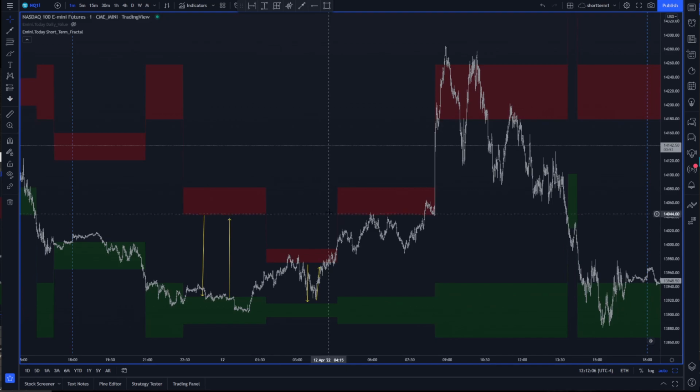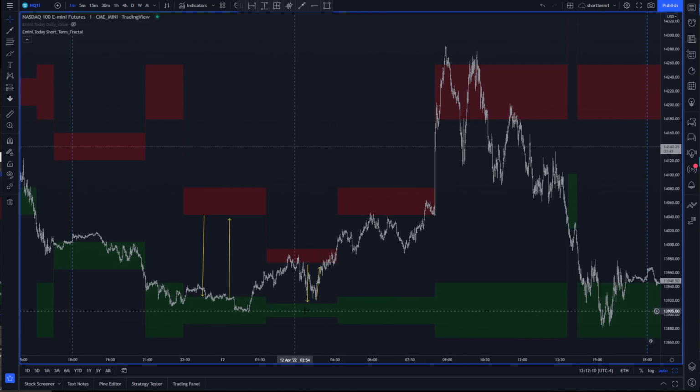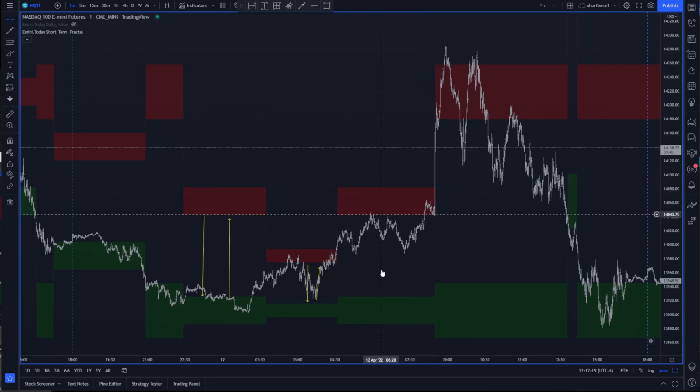That's exactly the same idea here. Once the price breaks out of this fractal here, the spread between support and resistance will get bigger.